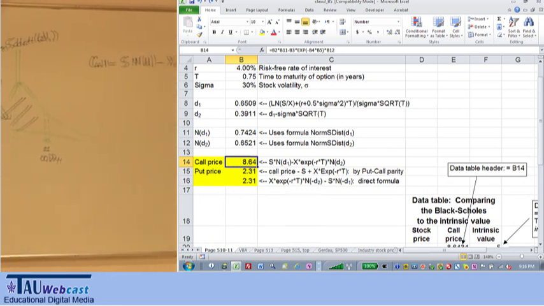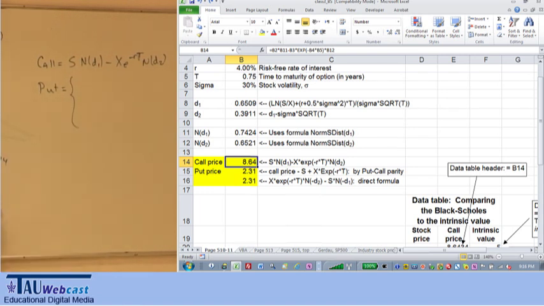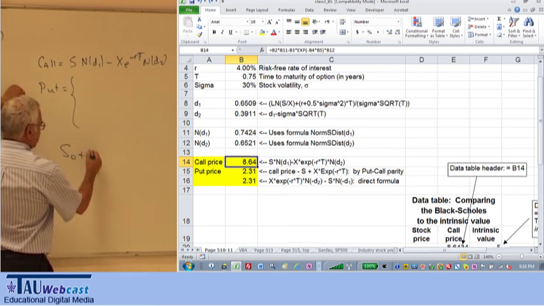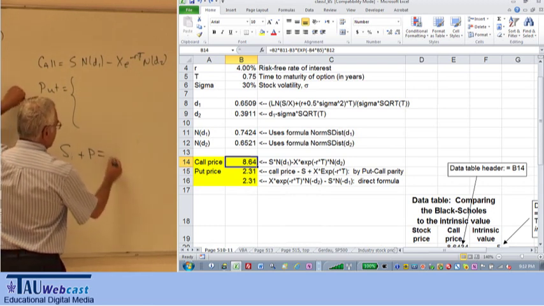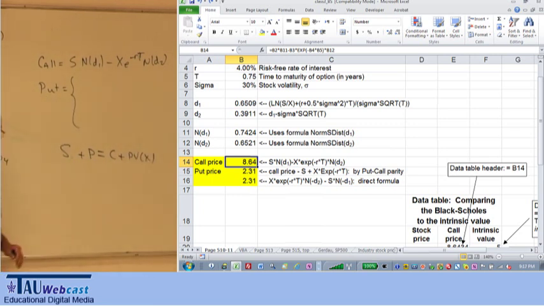And the put is, well, there are 2 ways you can compute the put. One way is to use put-call parity. So put-call parity says, we said, S0 plus P equals the call plus the present value of the exercise price.